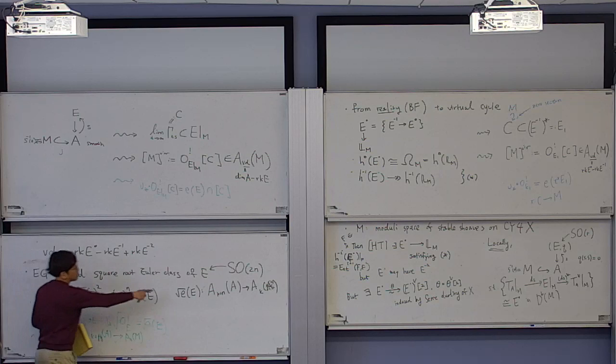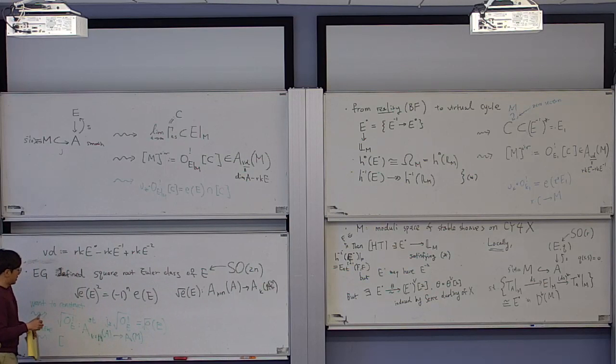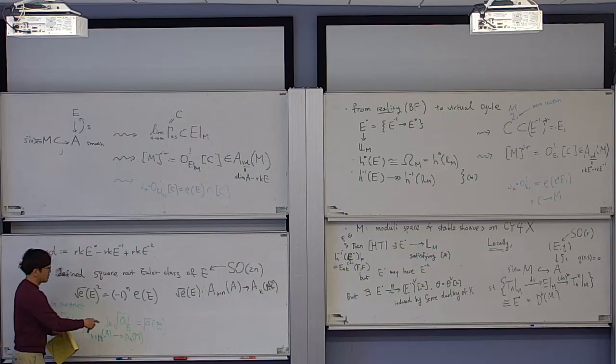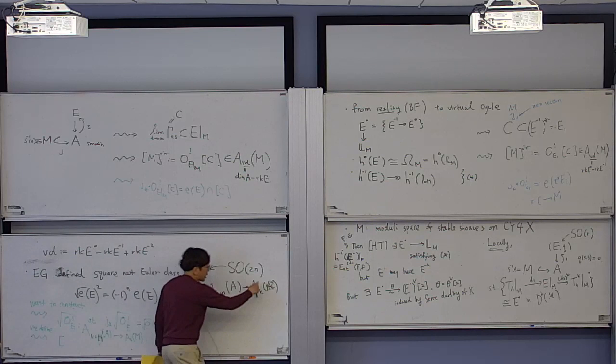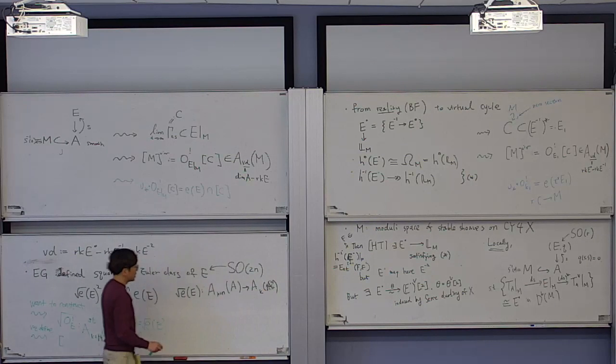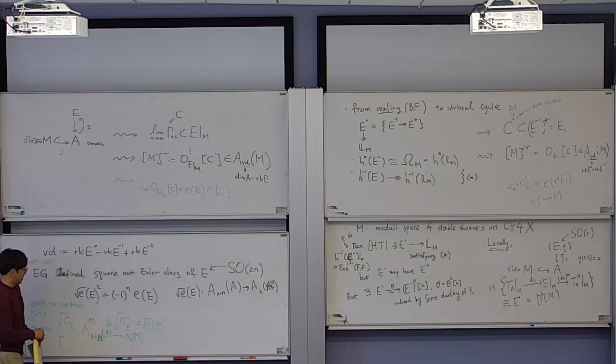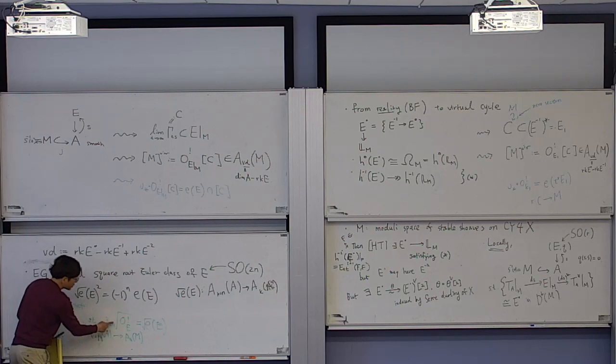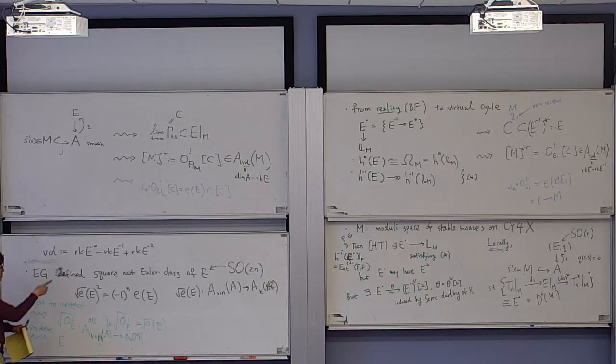Edidin-Graham defined such an operator, and you want to somehow localize our codomain such that its composition with the push forward becomes Edidin-Graham's construction.